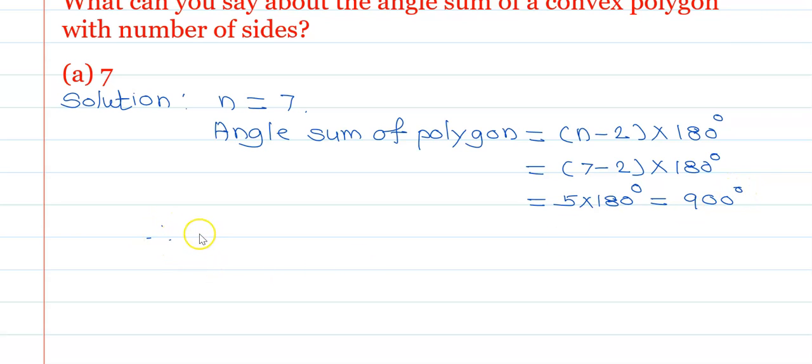Therefore, angle sum of polygon is equal to 900. Okay. Now the next problem.